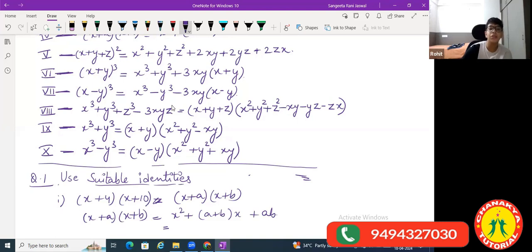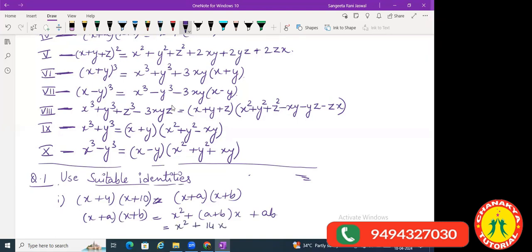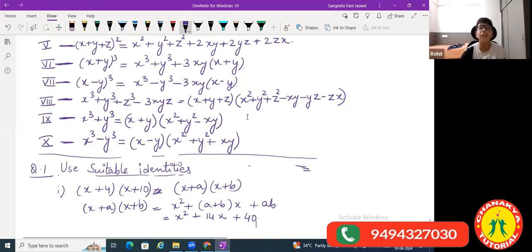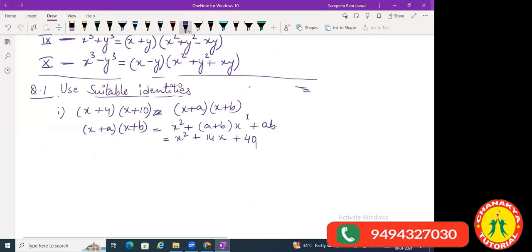It will be x square plus 14x plus 40, since 4 plus 10 is 14 and 4 into 10 is 40. So this is what we have got. Ma'am, can we simplify it further? We can't, right? No, we are not asked to. We can find the values of x here, but that is not asked in this question. That we will do if we are asked to find the value of x or to factorize this.